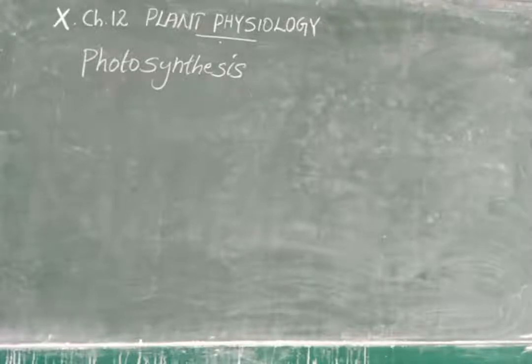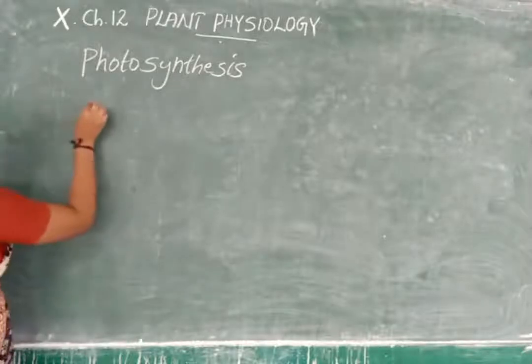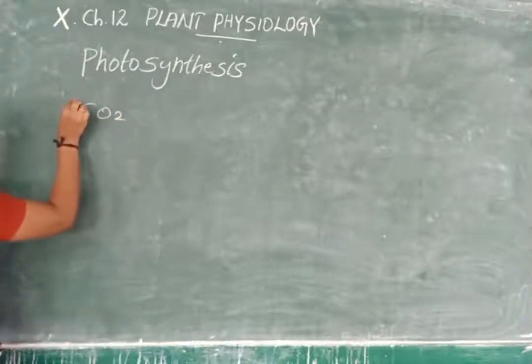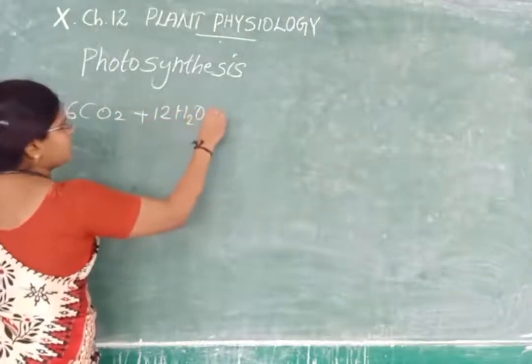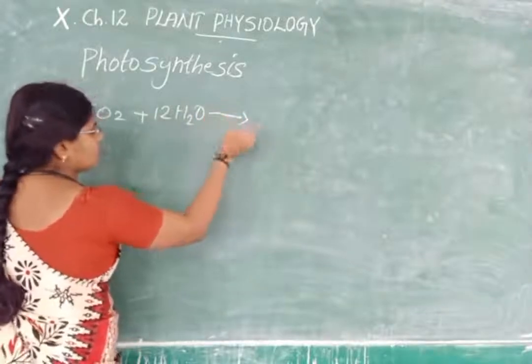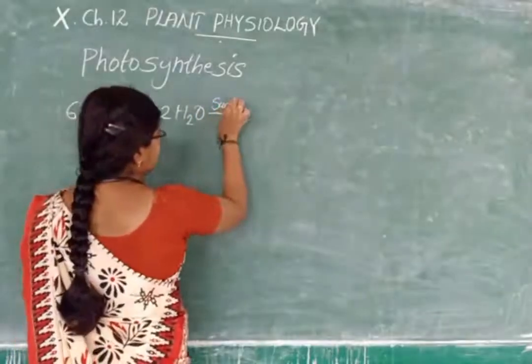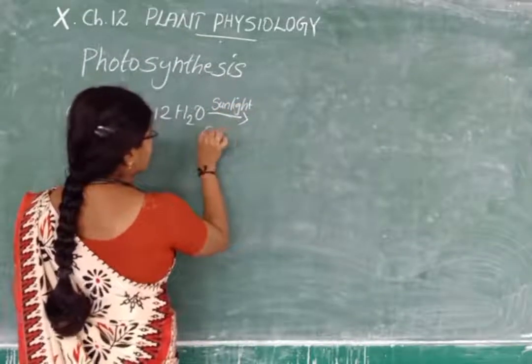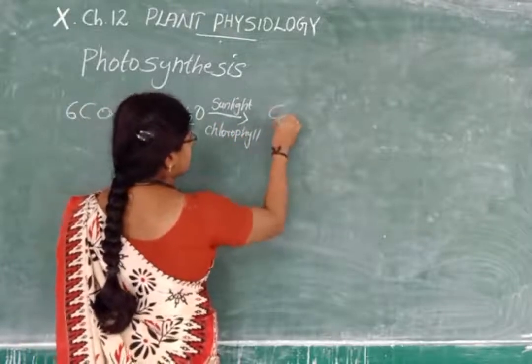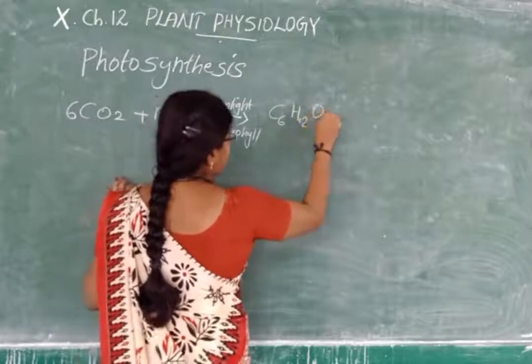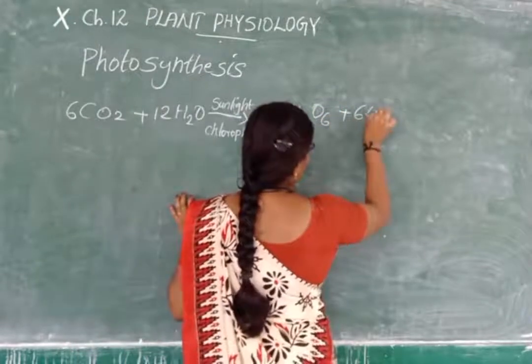In this process, carbon dioxide combines with water to produce carbohydrates in the presence of sunlight and chlorophyll. So 6 molecules of carbon dioxide and 12 molecules of water combine in the presence of sunlight and chlorophyll to give carbohydrate and oxygen.